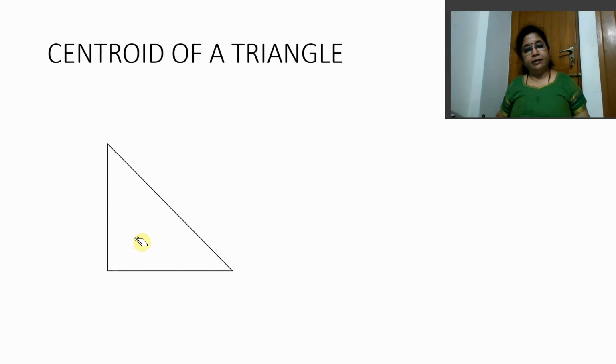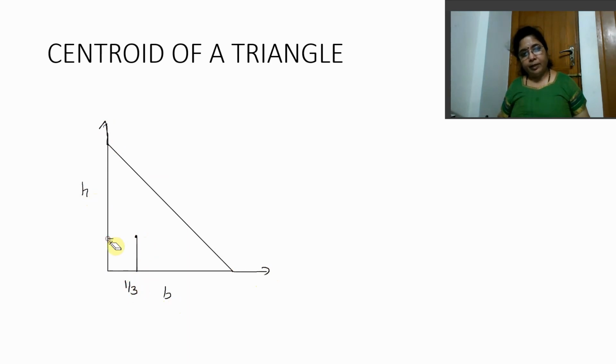For a triangle, the centroid is generally located somewhere near the base and near the arm which is at right angle. Assuming again this is the base and this is the height, if I drop a perpendicular to the base, with this as my x-axis and this as my y-axis, it will cut the base at 1/3 of the base.